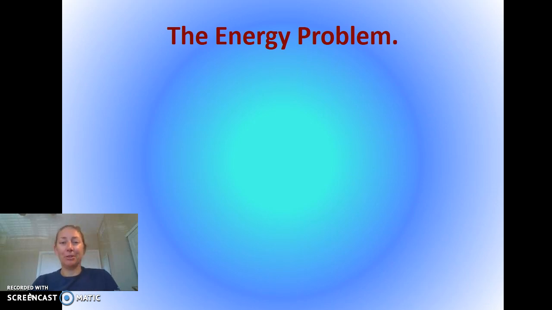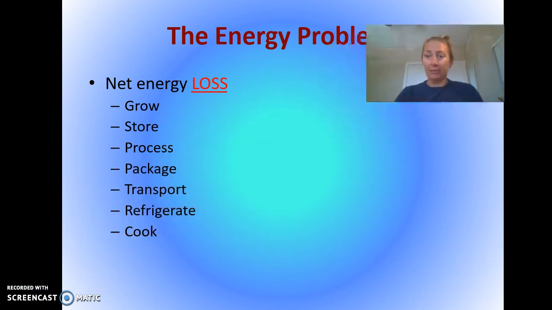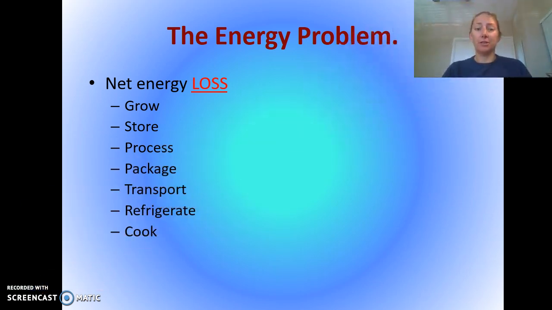And another problem, not so much with the soil, is the fact that industrialized agriculture is an energy loss. Look at all of these ways that we need energy in order to produce our crops. We need energy in the form of burning fossil fuels from tractors and things to grow, store, process, transport.